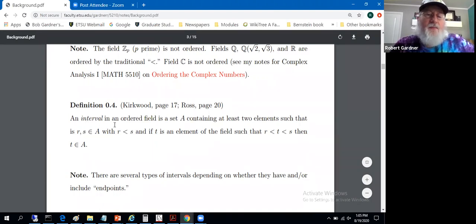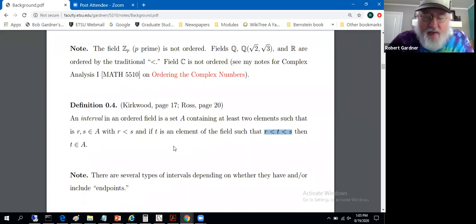An interval in an ordered field is a set A containing at least 2 elements such that if R and S are in set A and R is less than S, and if T is an element in the field such that R is less than T is less than S, this makes sense because we're in an ordered field, then T is an element of A. That's just a symbolic way of saying the same thing you're saying in a calculus class.